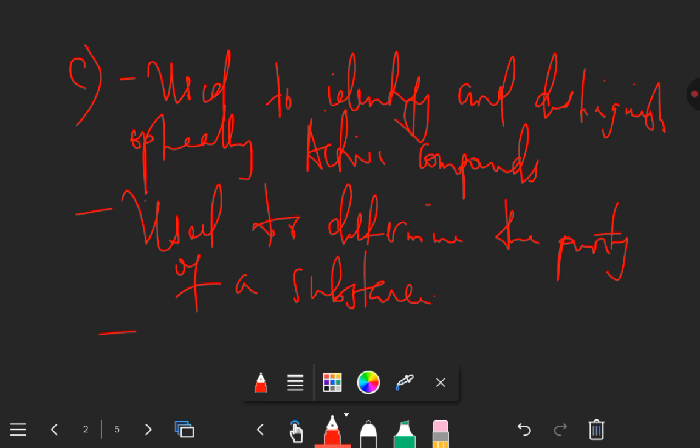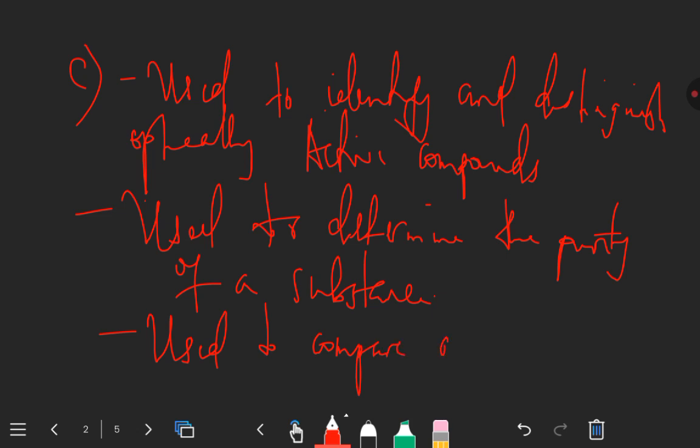Then the other reason is that it is also used to compare the optical activity of different enantiomers under standard conditions.